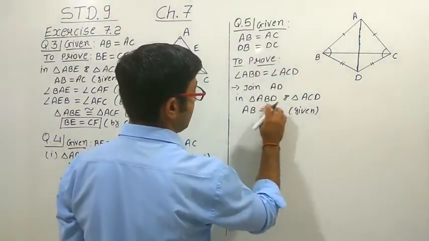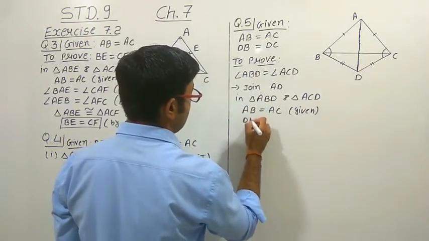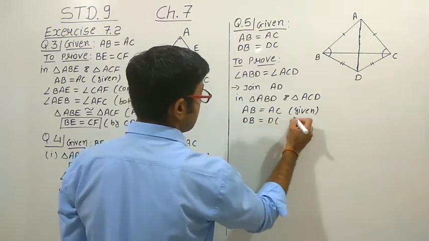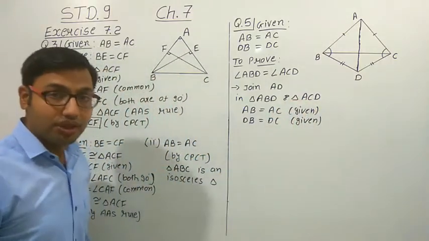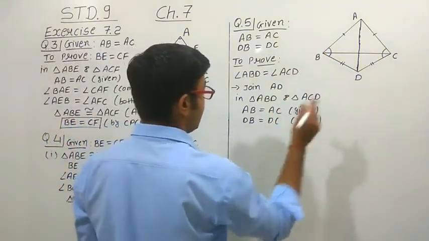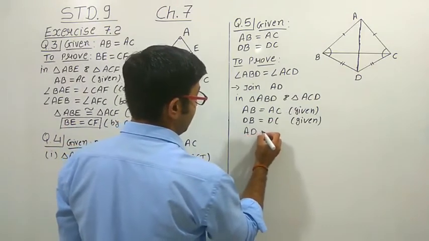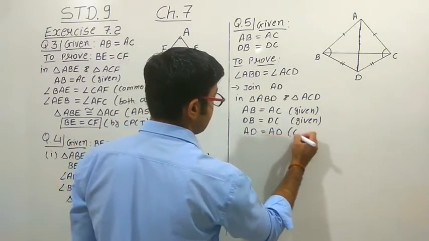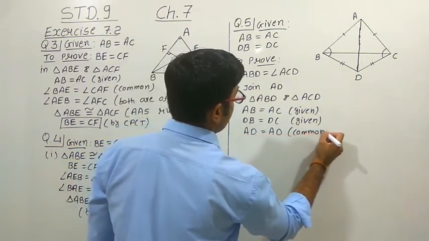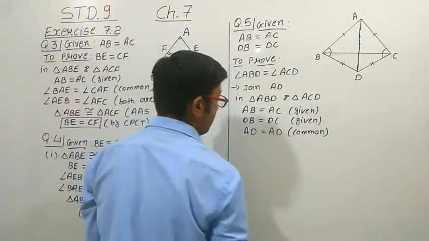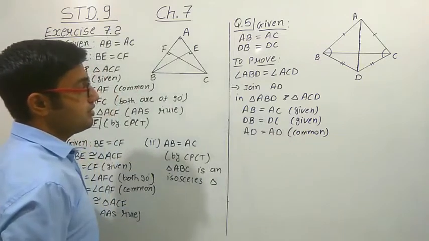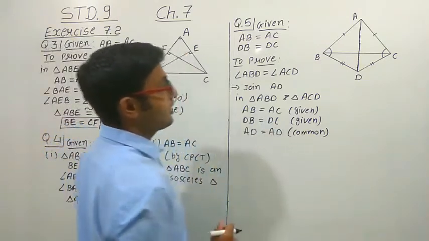Also, DB is equal to DC, this is also already given. Now think about the third condition. Yes, it is very easy: AD is equal to AD, this is common. So here we have made two triangles which have all three sides equal.